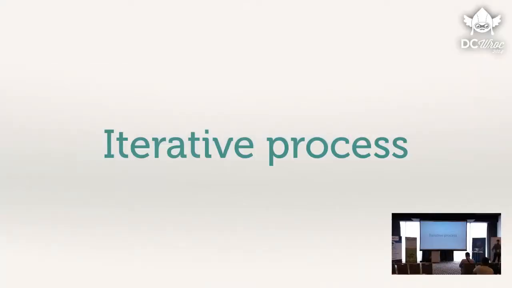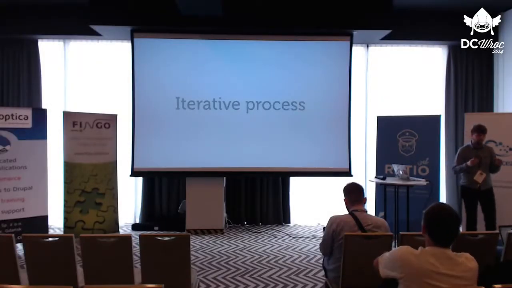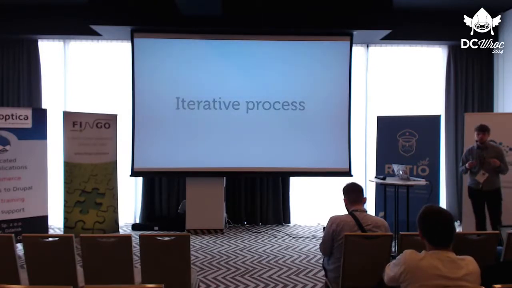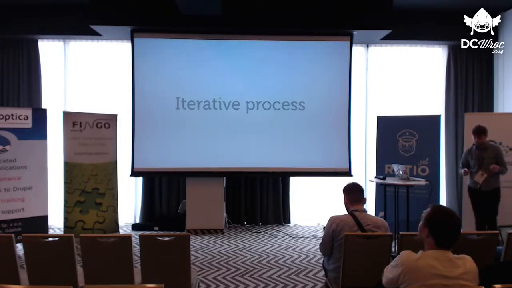Also, we need to have an iterative process in place. So it doesn't make sense to have a project with fixed scope, fixed time, just to deliver something, because we will be building something for weeks, months, and when we have an iterative process like agile in place, we can improve that and refactor our solution to reflect reality better. Not only to improve the code, but also to reflect this reality better.